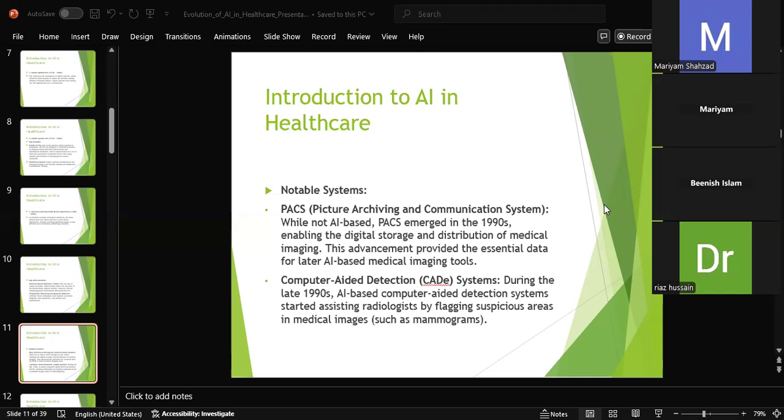Can anybody of you students please explain what we refer to by colonoscopy? How did these systems help in colonoscopy? Any one of you, please.